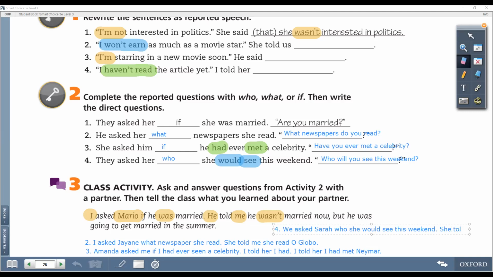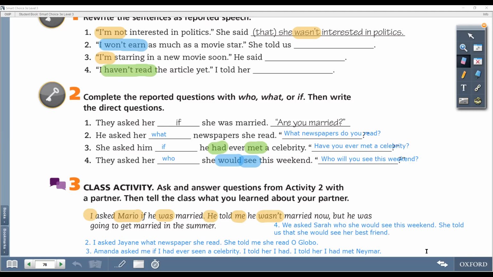She told us, because we are talking about all the class asking Sarah, oh, Sarah, who will you see this weekend? Okay, everybody asking her. And then she told us that she would see her best friend.